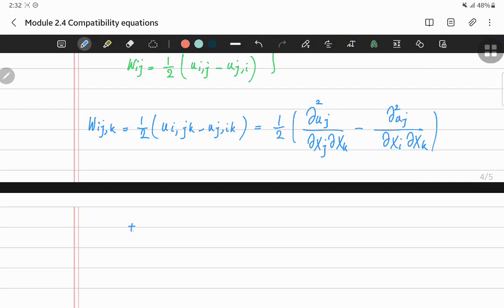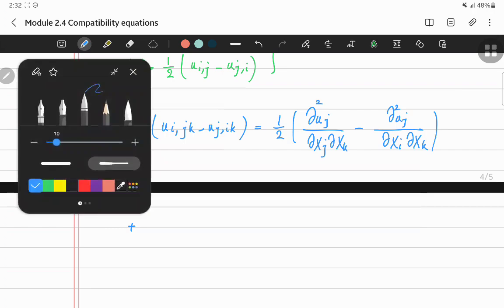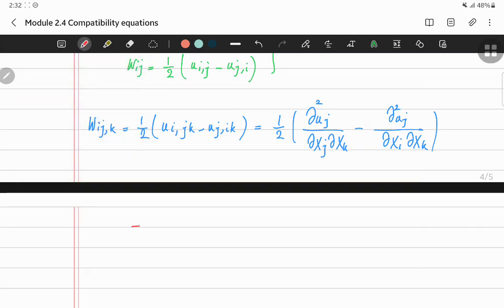So I write this with another color, plus half of the second partial derivative of uk with respect to xj, xi, minus, again I subtract this, the second partial derivative of uk with respect to xj, xi.